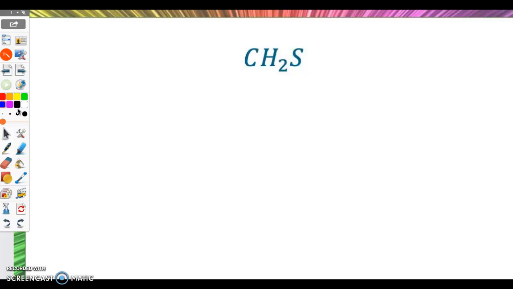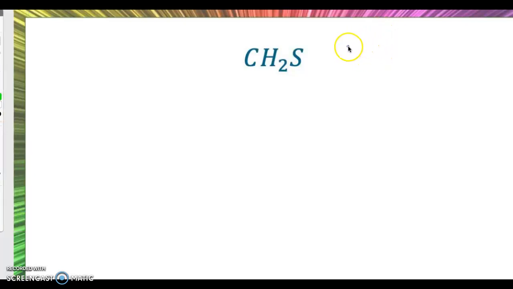I have got a new compound. I'm not exactly sure what this is. It is not binary. Remember, we did not learn how to name non-binary molecular compounds. So where I'll start instead is figuring out how many atoms I have in my compound, which is going to be the central atom, and finding the number of valence electrons.